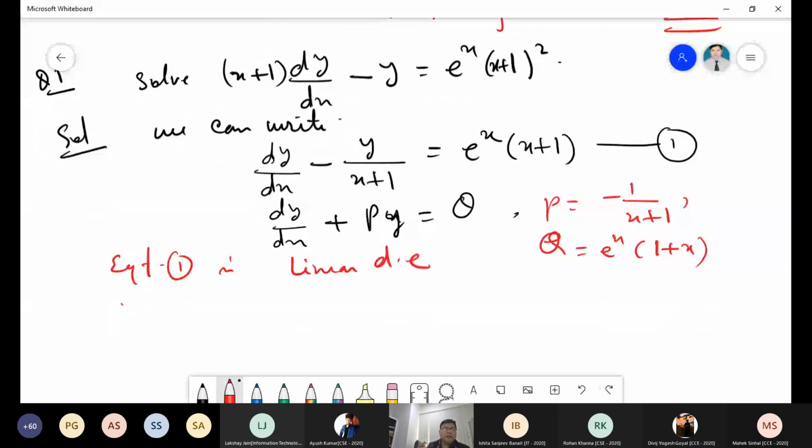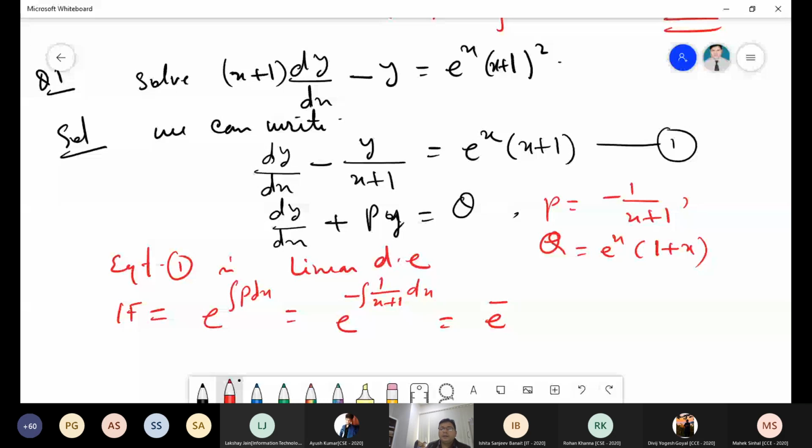We have to find the integrating factor. What is the integrating factor? e to the power integration of P dx. So e to the power integration of, what is P? Minus 1 by (x+1) dx. So e to the power minus of the integration of 1/(x+1), which is log(x+1).